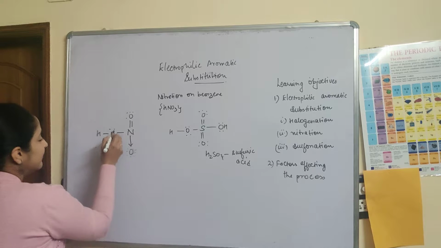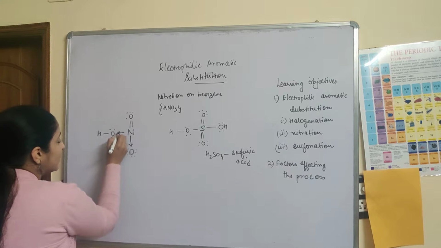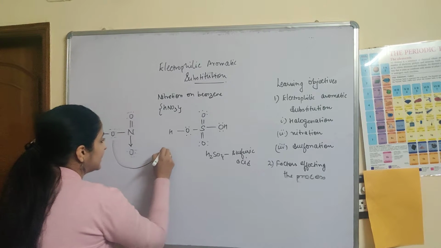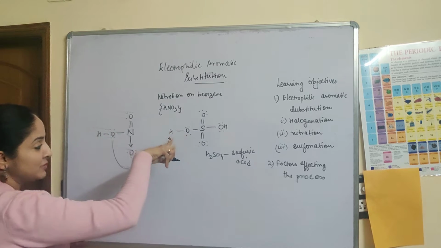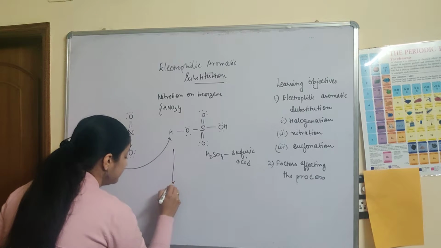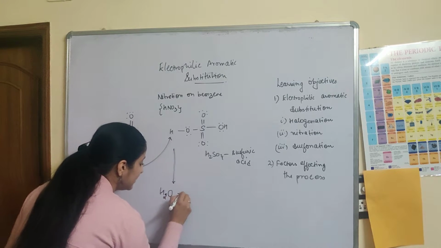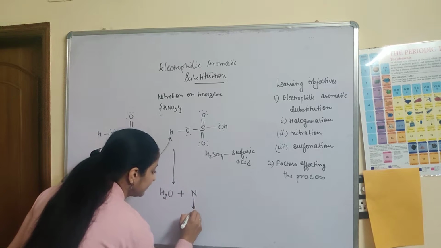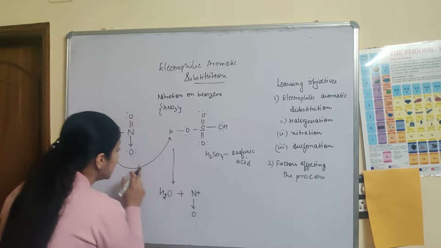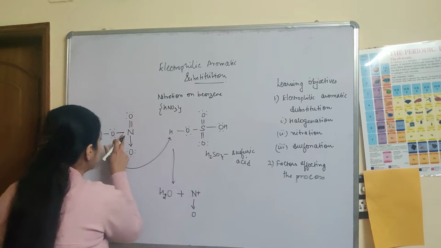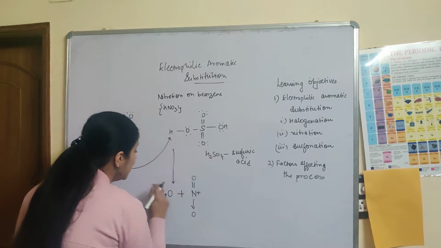So let's just see when this is breaking off. Oxygen is more electronegative. This comes out with all the lone pairs, all the shared electrons. And this is going to attack here since H2SO4 is an acid, and a proton is going to come out of it. So water is going to be abstracted out. Plus, the nitrogen is going to have a positive charge on it, because both the electrons of the bond are going to be taken away by the oxygen atom.